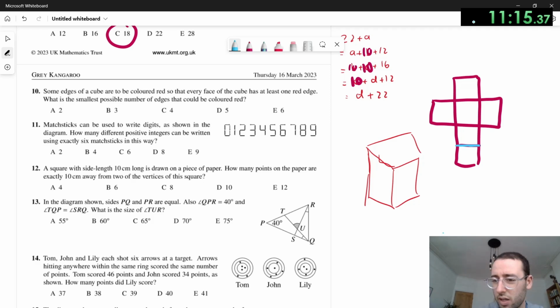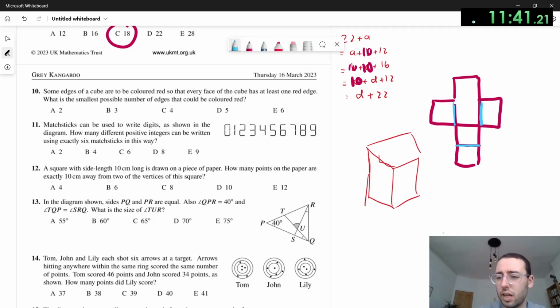I feel like it's 3. That one. And now these two faces do. Is it 4? If I do this edge here, then I don't think I need this one.